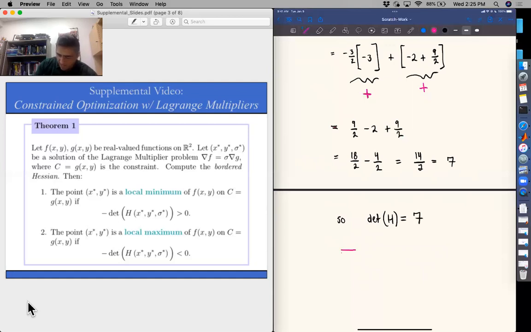So what that implies then is, again, I'm stressing to use this theorem, the negative of the determinant of our Hessian is equal to minus 7, which is a negative number. And by this theorem, since the negative of our determinant is negative, we know that this is a maximum.